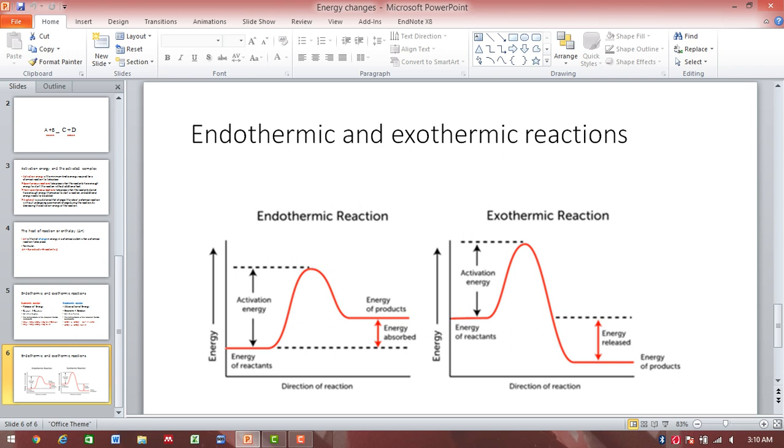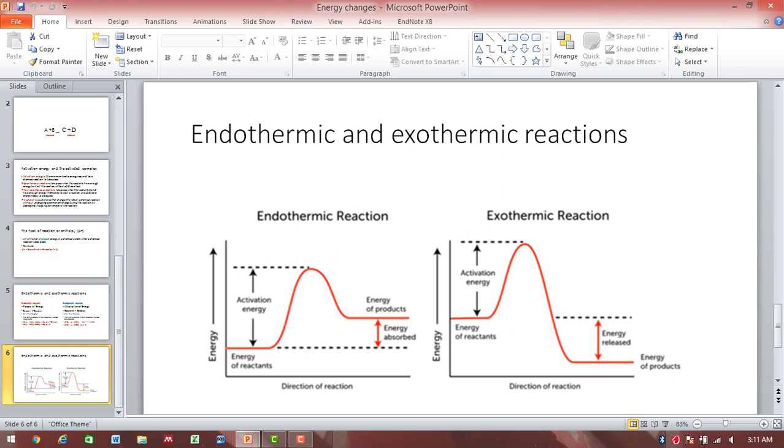The reactants have been supplied with the minimum energy, also known as the activation energy. The graph rises to a certain level until a peak, while at the peak then it drops.